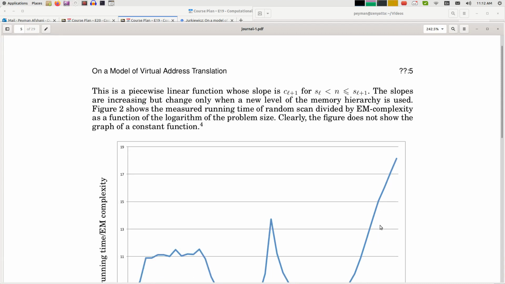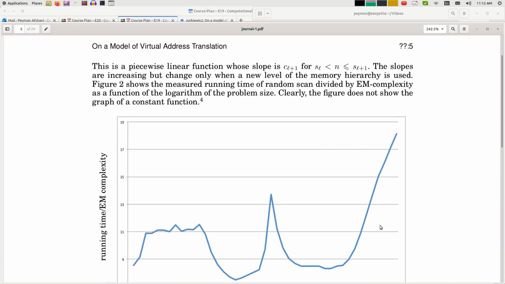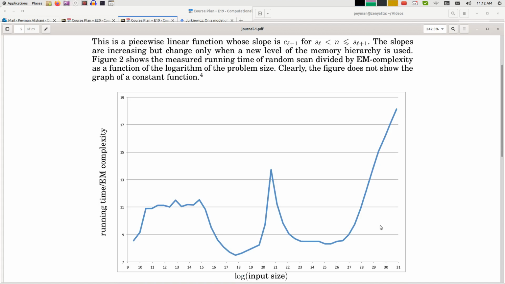And then they try to see whether this holds. They take the running time and divide it by the formula they have obtained. If their hypothesis is correct, that it's entirely cache complexity that is responsible for this, then we should see again a constant function. But it's not.